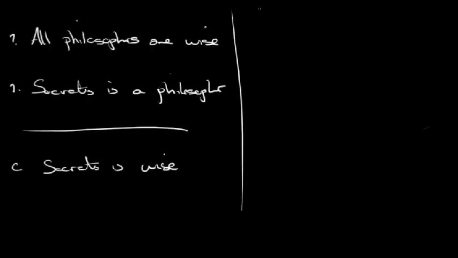Now, if we translated that into PL, we will probably already have noticed that, suppose we say that all philosophers are wise. Well, let's represent that as A. Socrates is a philosopher. We'll let B represent that sentence. Therefore, Socrates is wise. C. This syllogism is valid from the looks of it, right? All philosophers are wise.